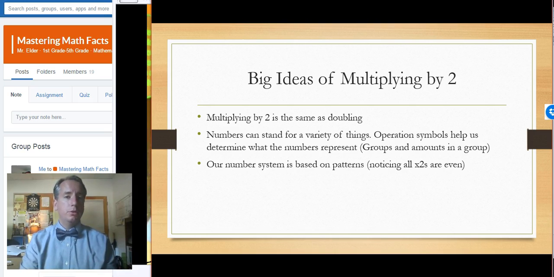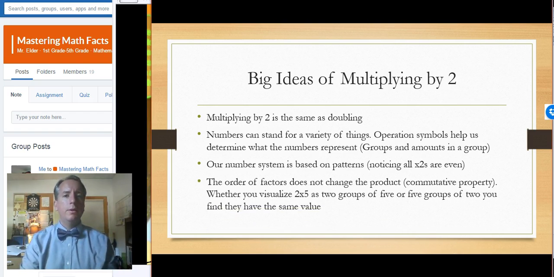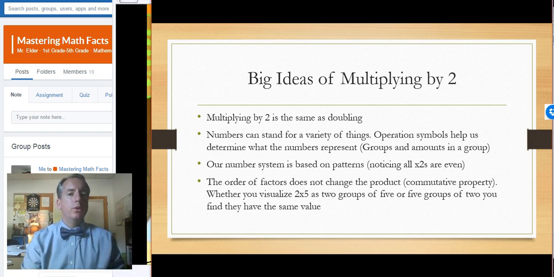Some of the things we notice with 2s, of course, with kids are that when you multiply by 2, those are always even. And we'll look at why that is later and see if our kids can figure that out for us too. And then finally, when we multiply, the order of the values doesn't matter when it comes to finding the value. It doesn't change the product. It does mean something different, and we'll look at that here in a little bit, but it doesn't change the value of the equation or the value of the statement.